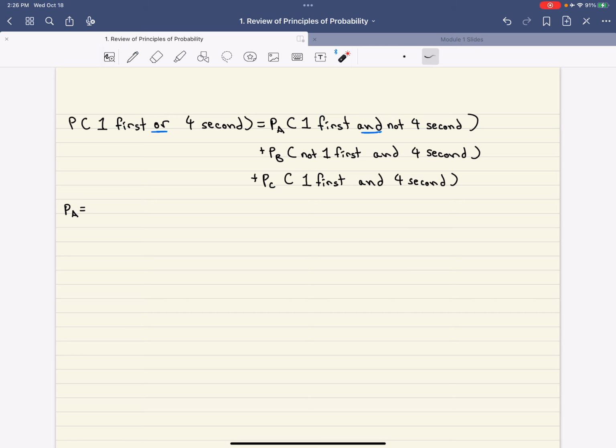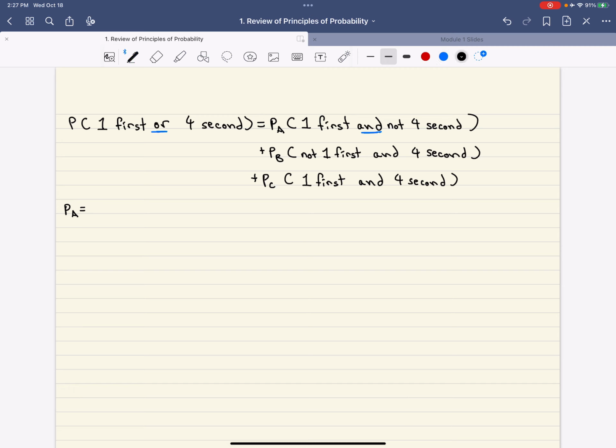And the value of the first roll doesn't affect the value of the second roll, right? And vice versa. And so that means these are 2 independent events. And so to calculate our PA, we need to calculate the probability of rolling a 1 on our first roll, calculate the probability of not getting a 4 on our second roll, and multiply those 2 probabilities.